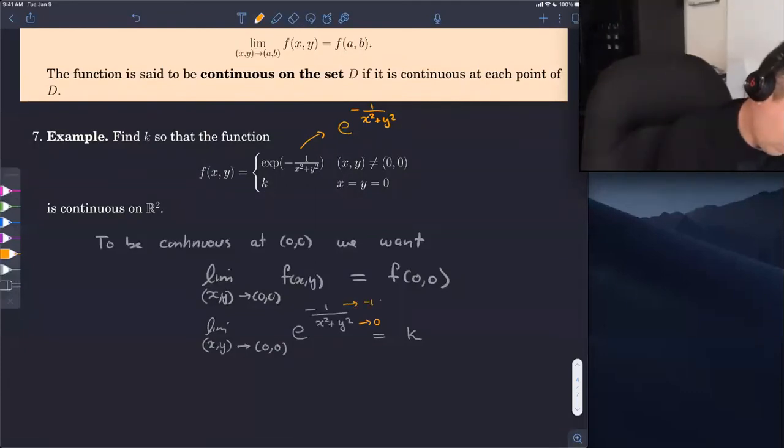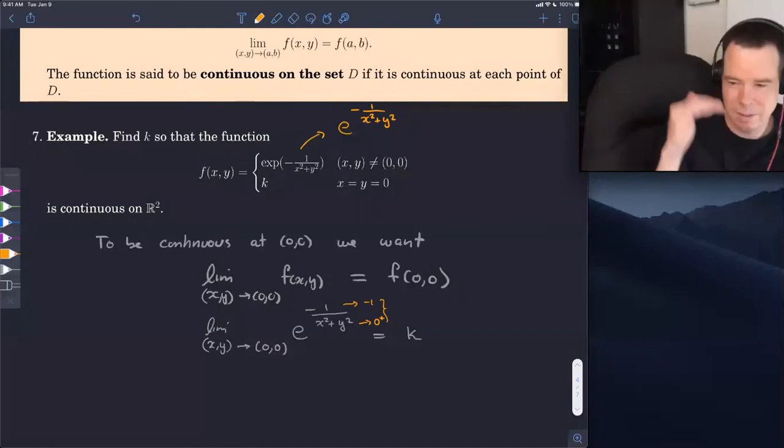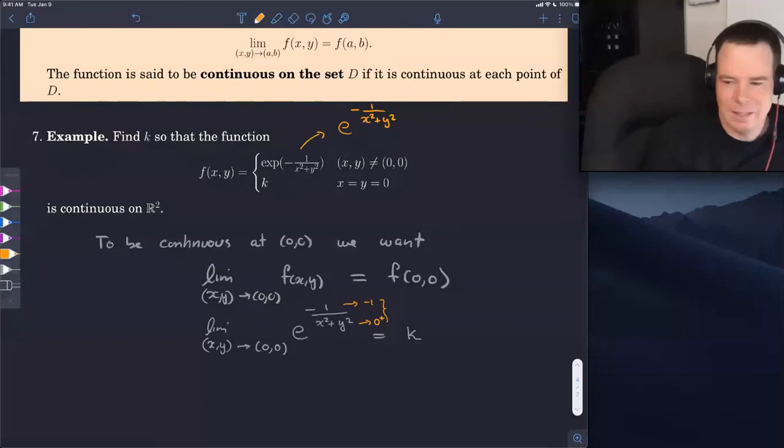So what's the ratio going to? We got negative 1 over a number that's going to 0. It's actually always a positive number, so I'll maybe write a 0 plus. So I got negative 1 over a really small positive. What's that quantity doing? Yeah, that's becoming a really big negative. So this is going to negative infinity.